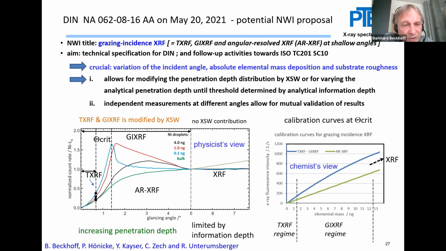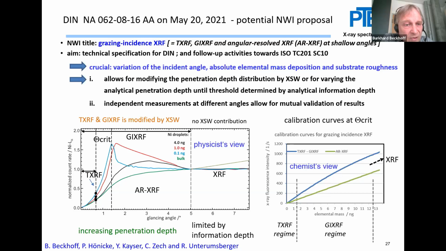You see the 3 curves, the blue, the red, the black one that I've just shown you on the previous slide. And to the right, you see the chemist's view on the same situation. I'd like to briefly explain what's plotted there. So grazing incidence XRF, or XRF under grazing incidence, means you're doing X-ray fluorescence analysis at a shallow angle of incidence, and you may want to vary the angle of incidence or keep it constant, like in the case of TXRF.